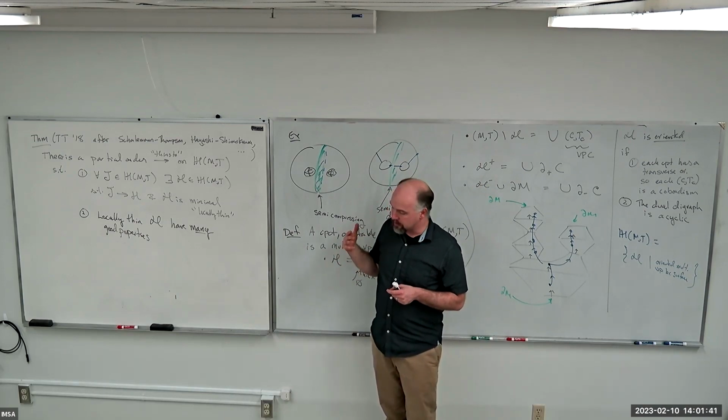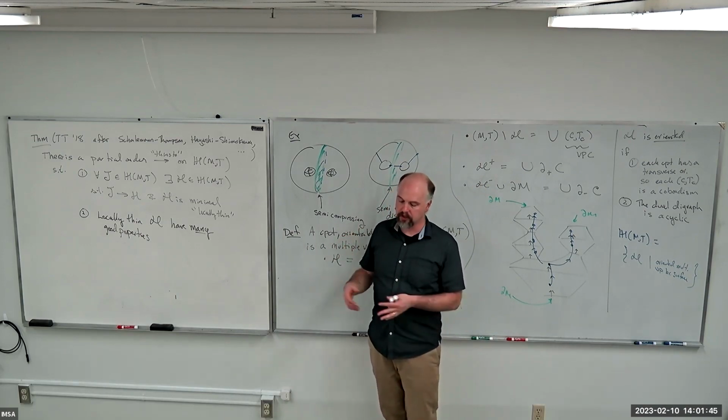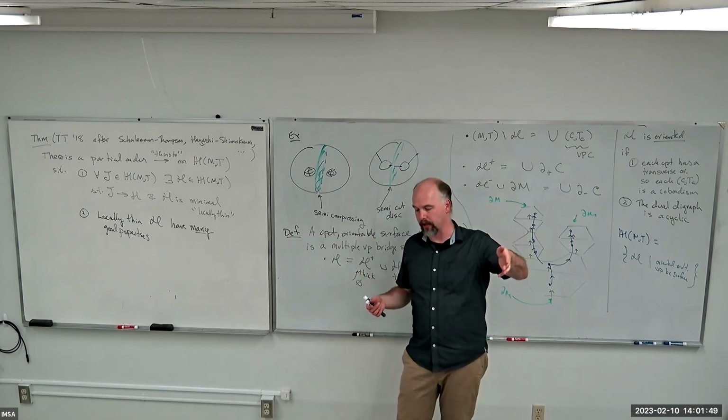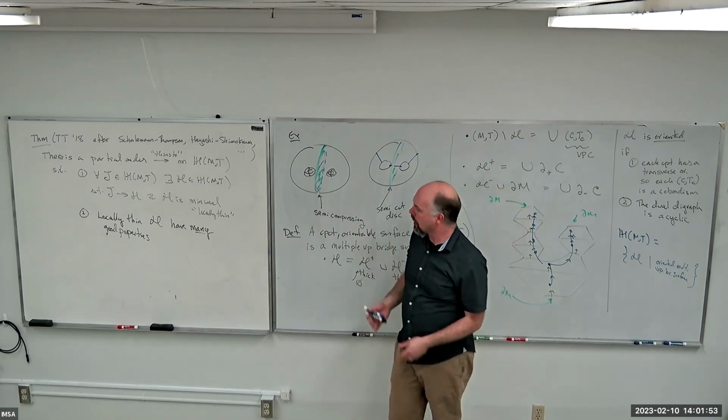The thick surfaces are what we call SC, strongly irreducible. So you don't have any of these compressing or cut compressing or semi-compressing or semi-cut compressing disks that are disjoint and on opposite sides.